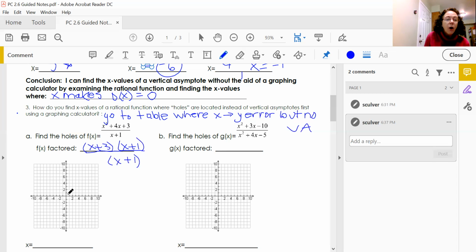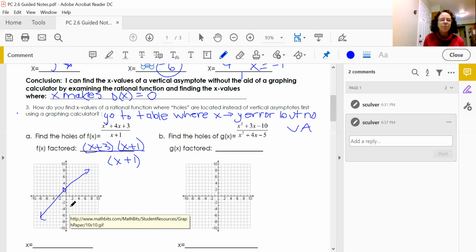Now, when you graph the original rational expression or the factored one on your graphing calculator, it looks something like this. That was supposed to be an open circle there. I did my best. Sorry for the pause. There's a hole where x equals -1.